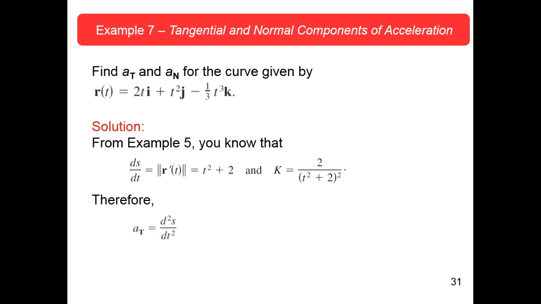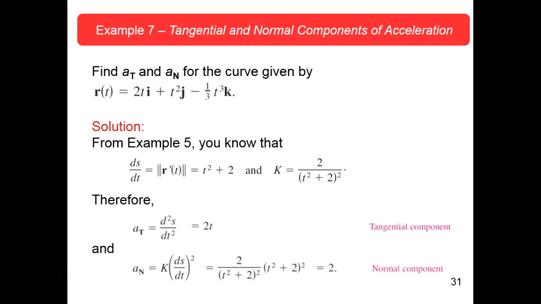So a sub t is the first derivative of that, which is just 2t, and the a sub n is k times the square of that. Well, k is 2 over that. The square of that is t squared plus 2 squared, and that just gave you 2.